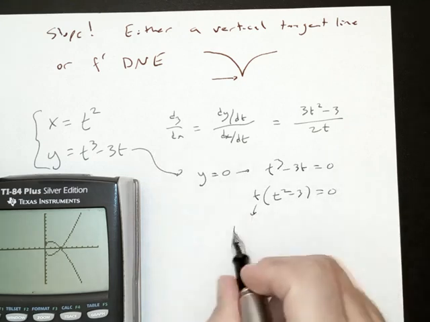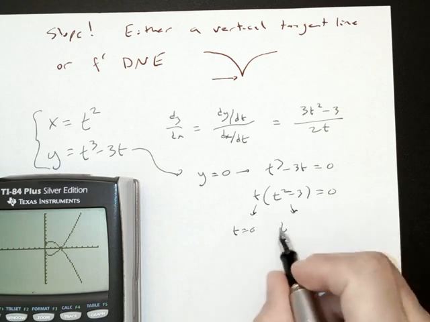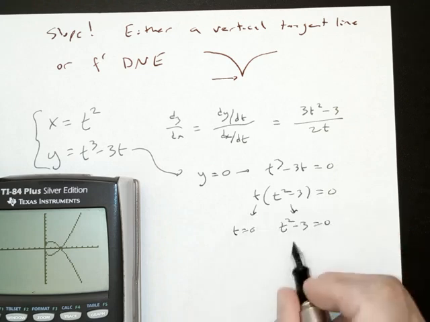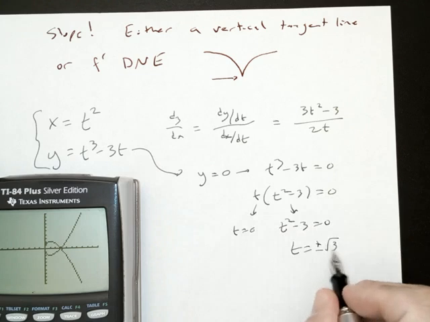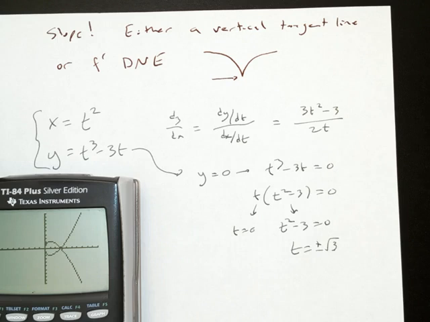So either t is 0 or t squared minus 3 is 0, which gives me t is plus or minus the square root of 3. So if I put in 0 for t, I actually end up over here, because x will also be 0. So the coordinates of this point are when t is negative square root of 3 and when t is positive square root of 3.